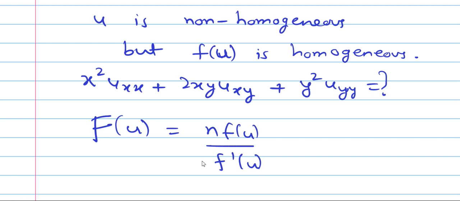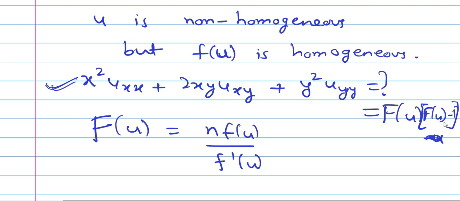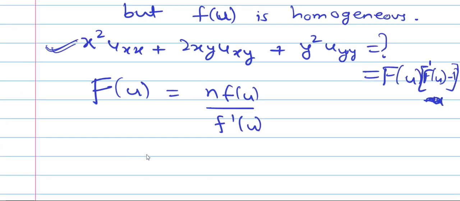And we have to determine the second derivative. The second derivative has a formula: capital F of u into (capital F dash u minus 1).